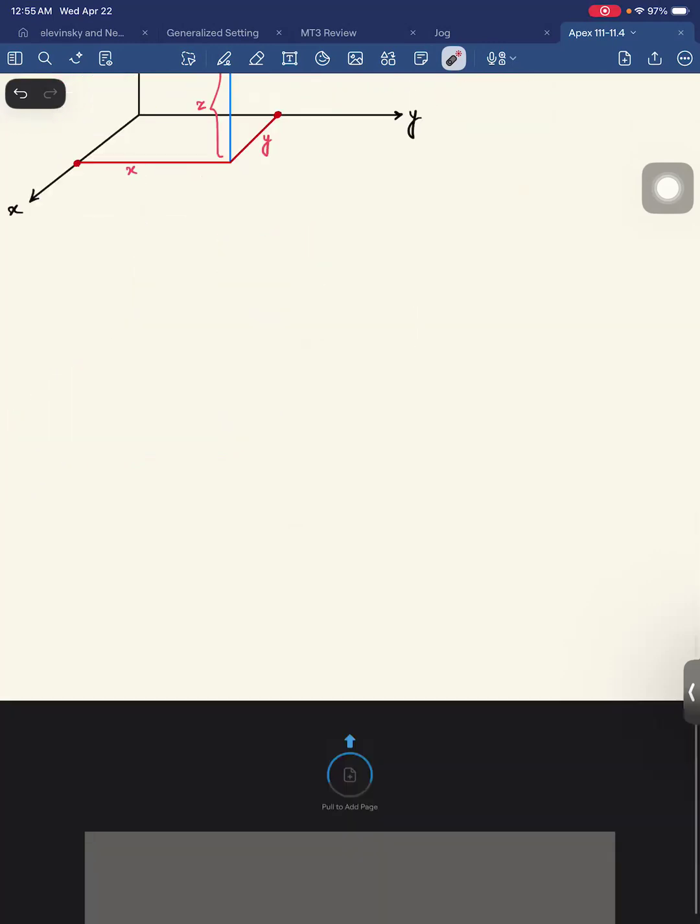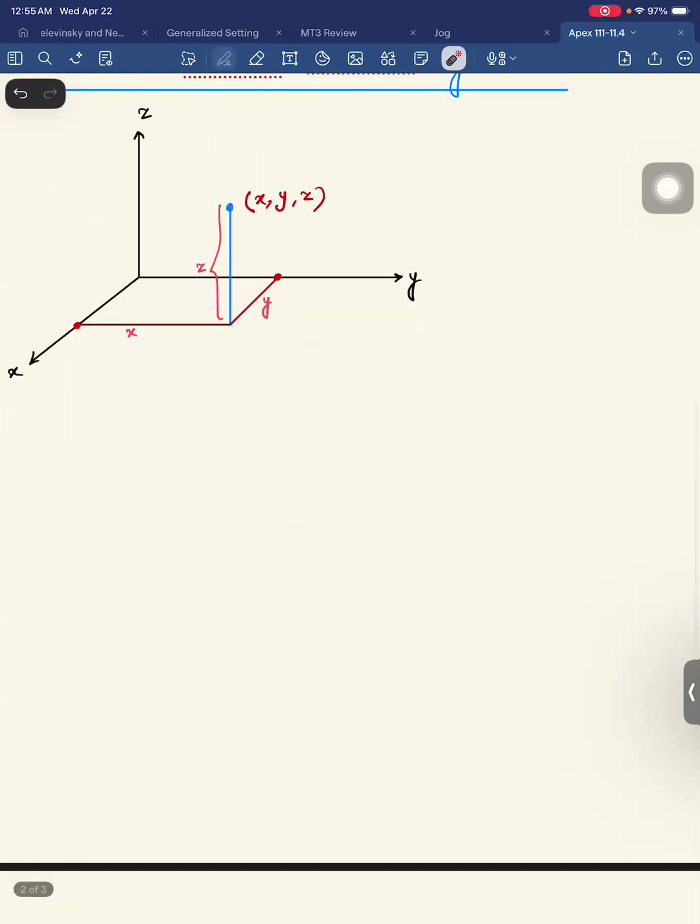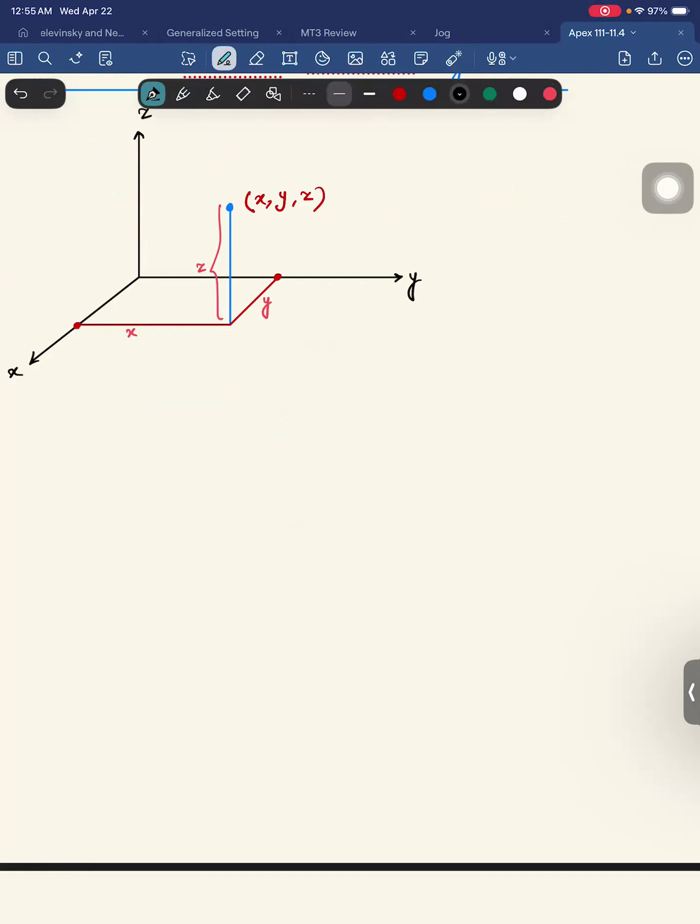Also, remember that the distance between two points is given by the following formula.